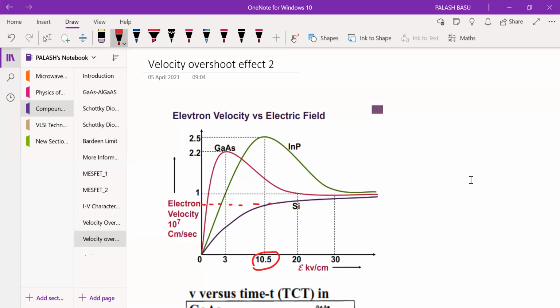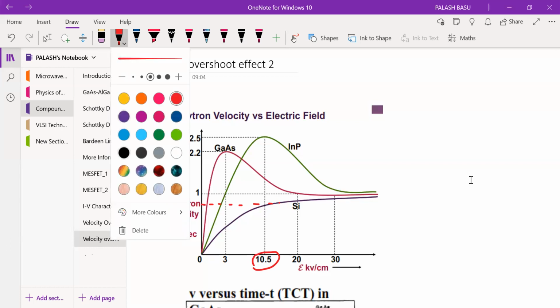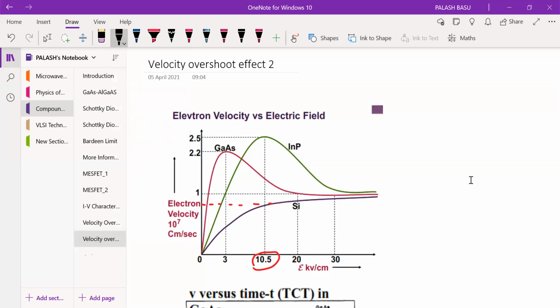Now, the thing is how beneficial is what is called the velocity overshoot effect. So let's try to understand this velocity overshoot effect in this manner. As I told you, while we are discussing velocity overshoot effect, just remember our basic structure. And what is our basic structure? So you see that we have a basic MESFET structure.